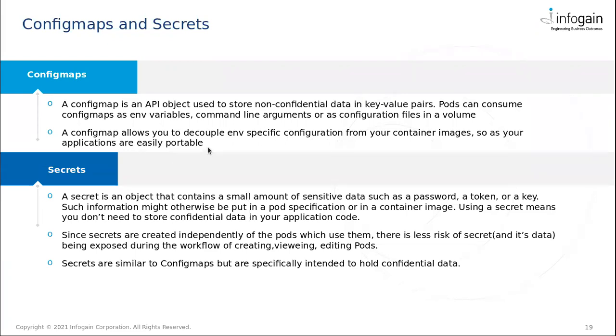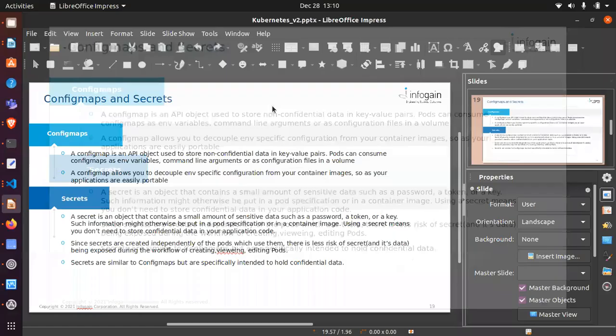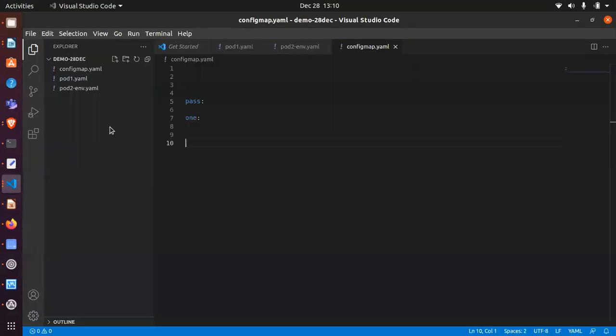The next thing is secrets. Now secrets are the same as config maps. The only difference is that this time the data is confidential. For example, if you have your Mongo cluster running, the Mongo password is a very confidential thing, right? You can't put it directly in the config map, and these files you check into your source code repository.